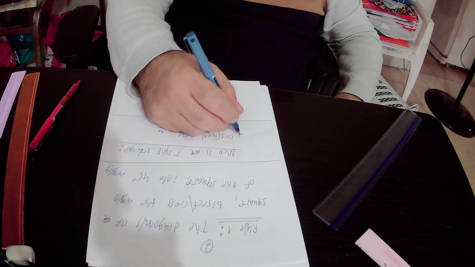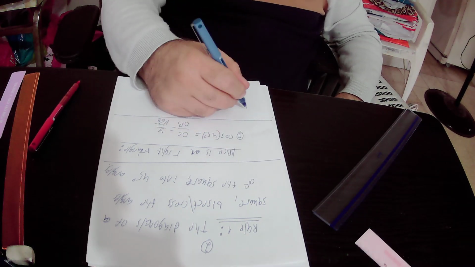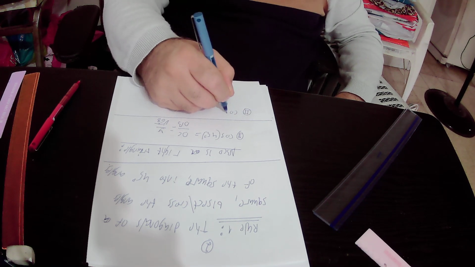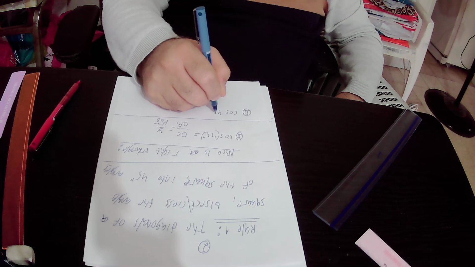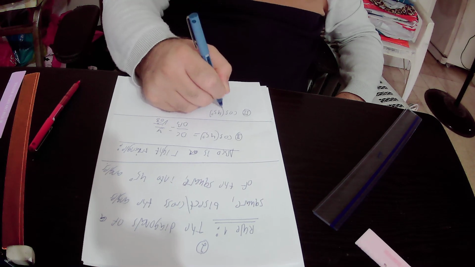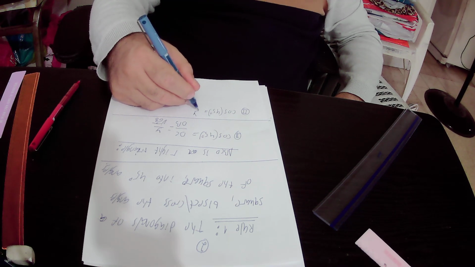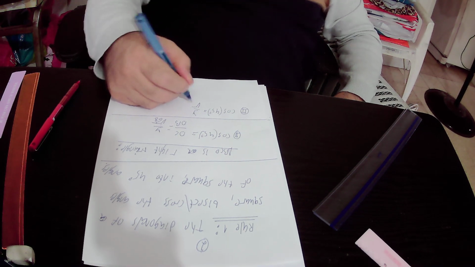So cosine 45 degrees, going into equation number 2, equals y over square root of 68 units.